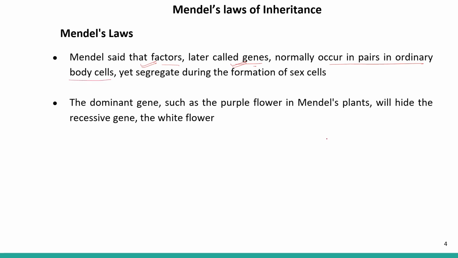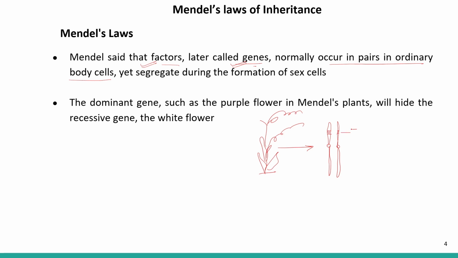Normally, genes are present on the chromosome. Suppose I'm showing a gene. This is a pea plant which has a chromosome, and for tallness it has a gene at this particular locus.